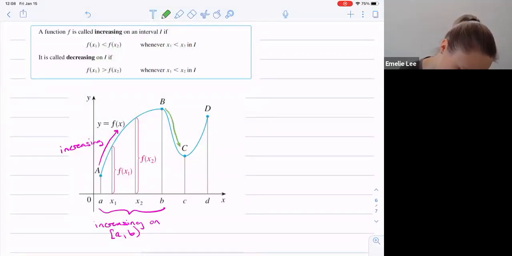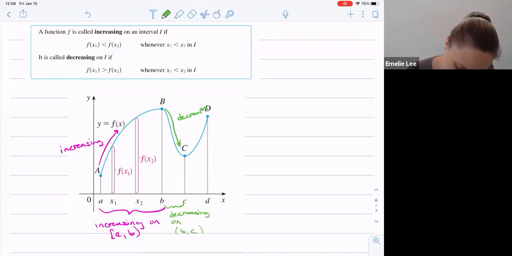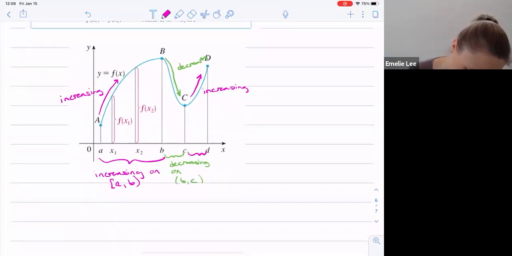So from B to C, we're decreasing. Decreasing, and same thing with the minimum, right? So on B to C, and then of course we're increasing again on C to D. Okay.